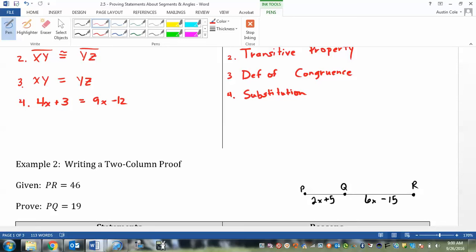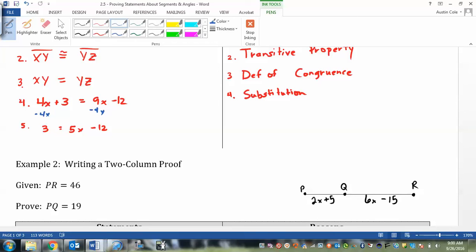Sure, we can subtract 4x from both sides. Maybe you would have done it differently. You can surely do it different ways. So then I'm going to get, step 5, 3 equals 5x minus 12.